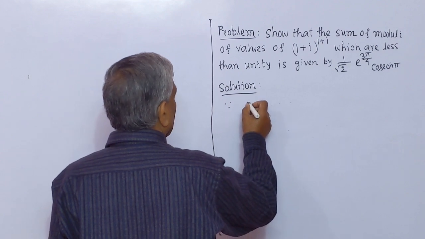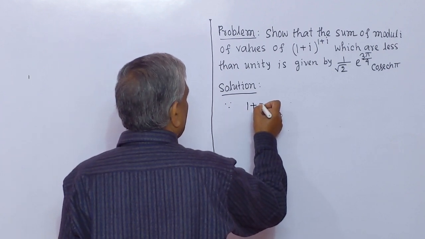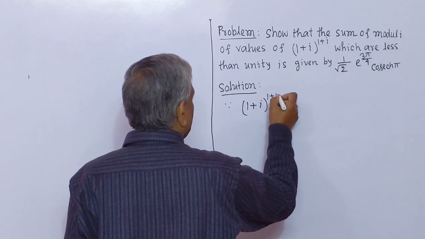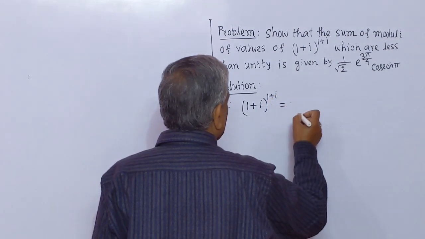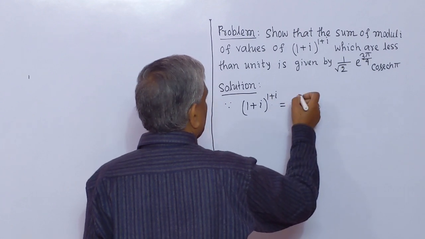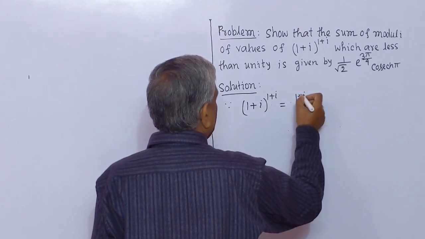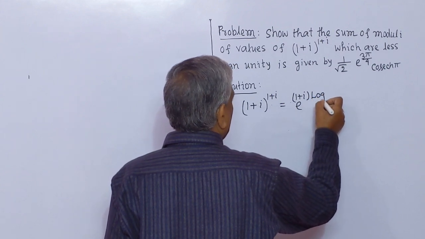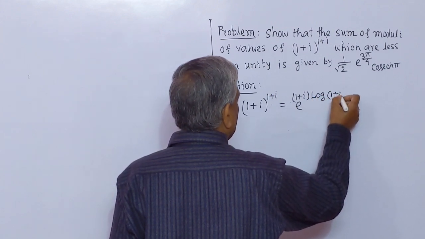Since (1 plus i) to the power (1 plus i) equals e to the power x, that means e to the power (1 plus i) capital log (1 plus i).